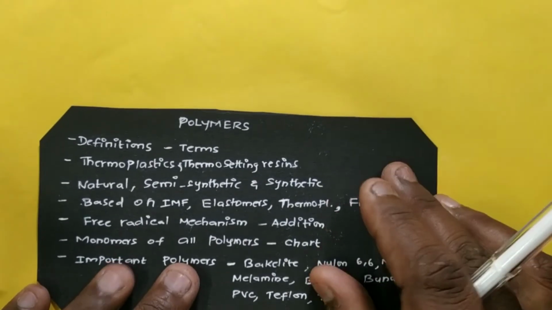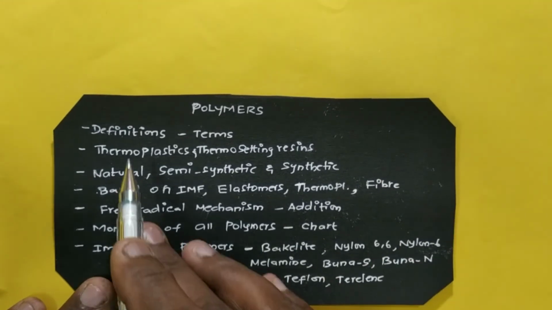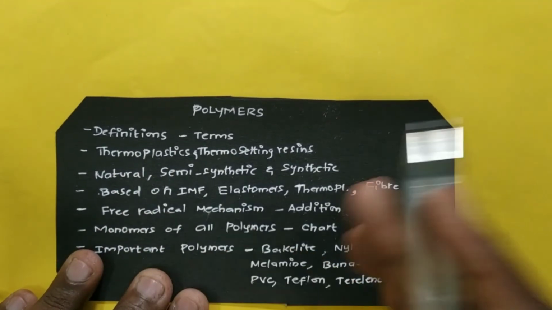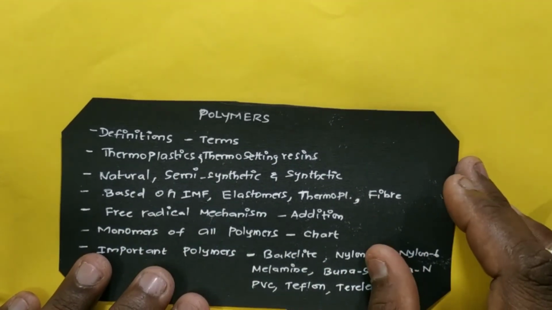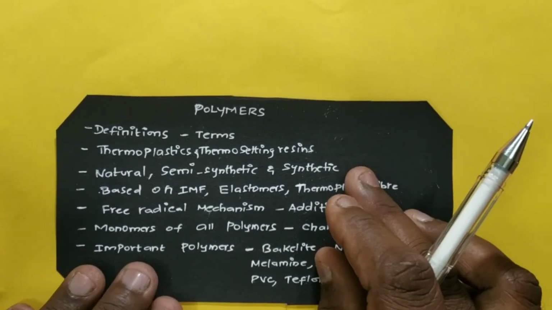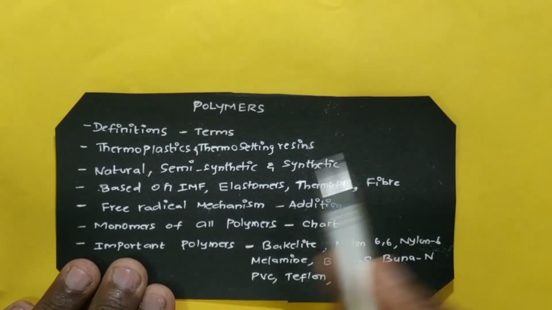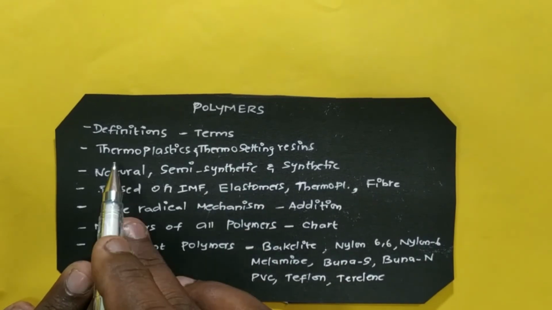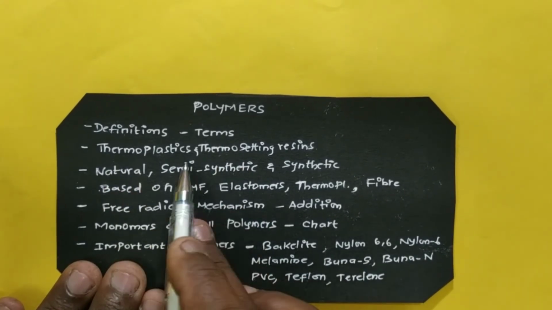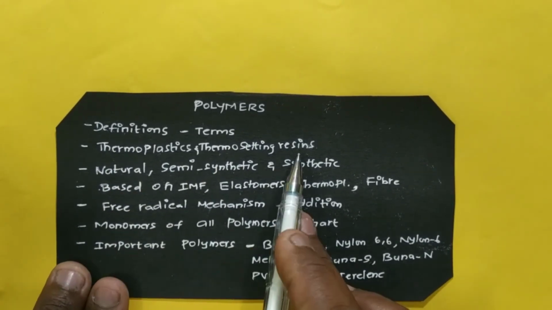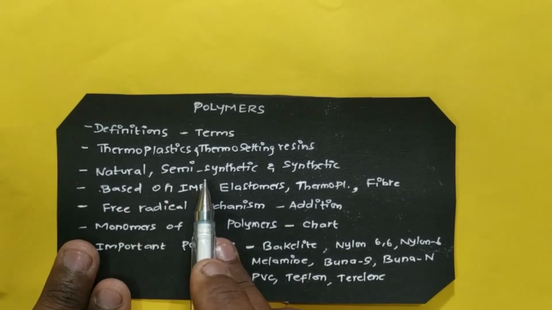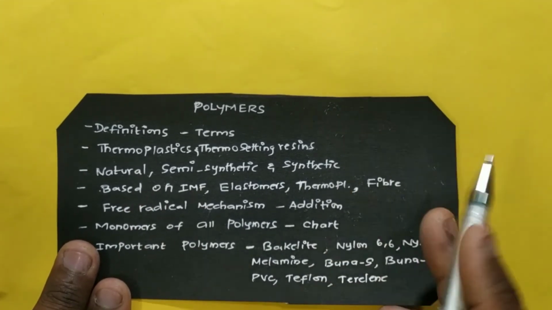And the next very important area is polymers. Here also you should know the definition, the terms of polymers, what are monomers, and then polymerization, that kind of definitions you should know. Then you should know the difference between thermoplastic and thermosetting resin. It's an important question. And then natural, semi-synthetic, synthetic polymers they'll be asking.